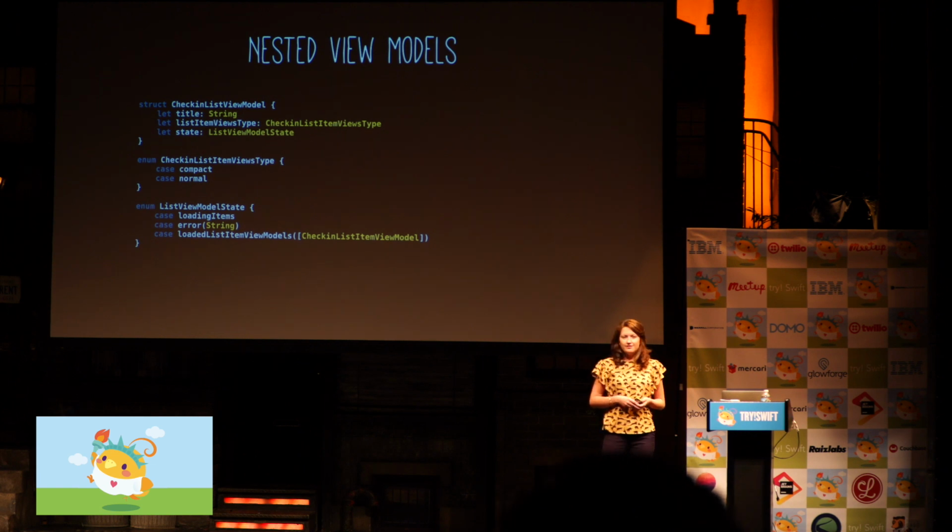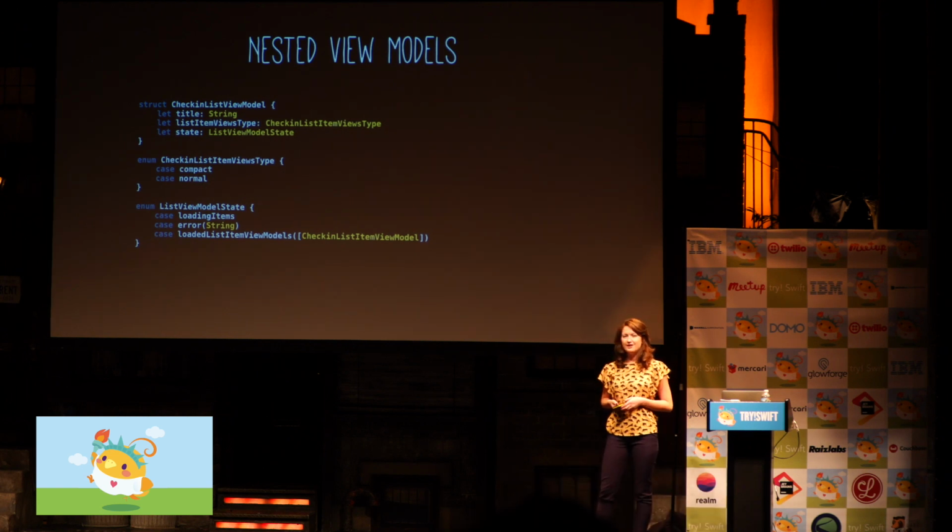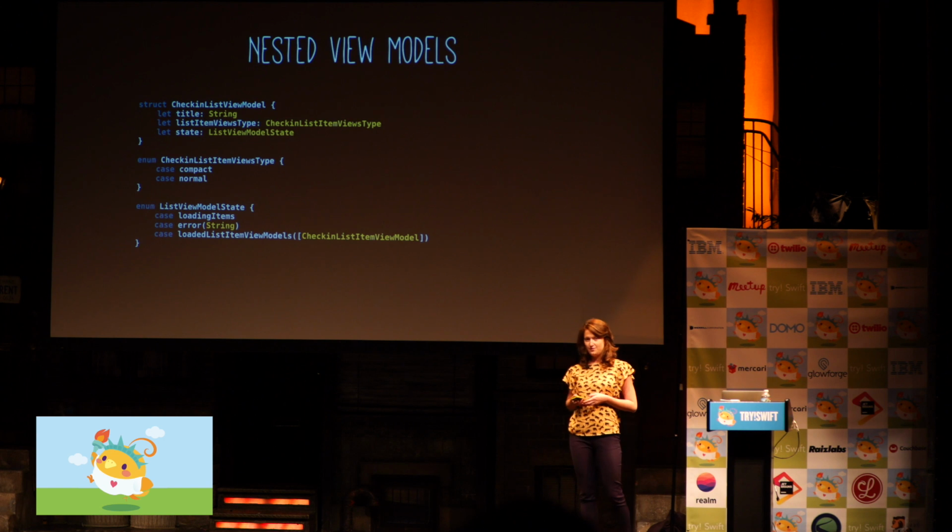And then I have this other view model class that is for the whole view that you saw on the screenshot. It has information about the title, the state, and the current view preference. It's basically a view model for the outer view that keeps references to the nested view models.